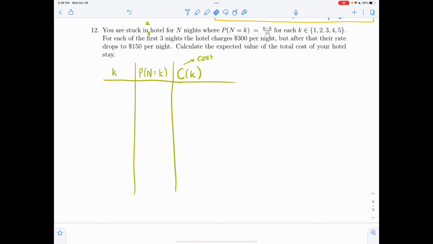If you want, you can write P of K over here, which is the standard notation for the probability mass function. Okay, so let's put this down: 1, 2, 3, 4, 5. Maybe we'll spread it out a bit.